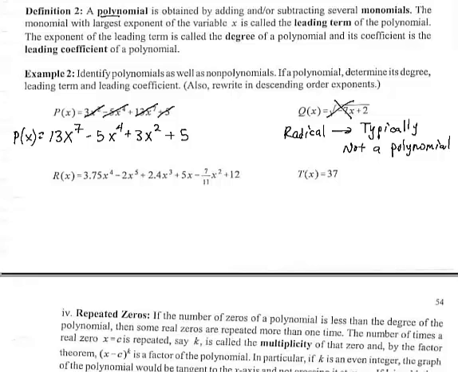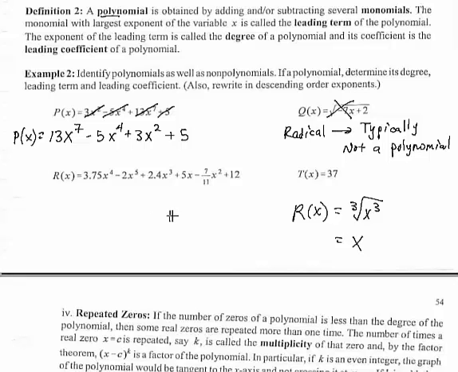I say that because we could have a polynomial, and I'm making this one up, let's call it r of x, and r of x could equal the third root of x to the third. And if we simplified this radical expression, then we would simply get x. And so this would be a polynomial.